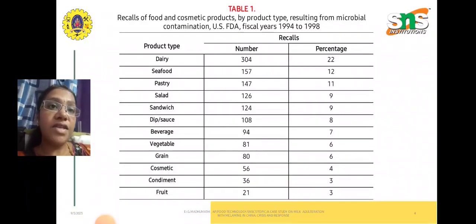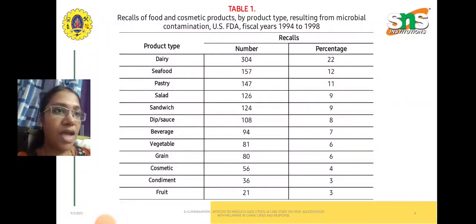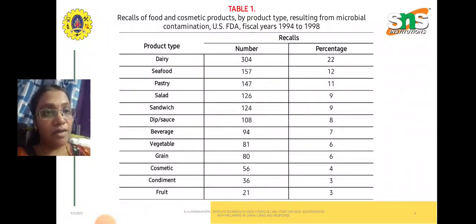In this table, we see some food recalls reported from the year 1994 to 1998, by product type, resulting from microbial contamination. You may wonder this is very old data, but still many food recalls happened during these years, 94 to 98. The product types listed are mostly all sorts of products, starting from dairy, seafood, pastry, sandwich, beverage, vegetables, cosmetic, condiment and fruit.